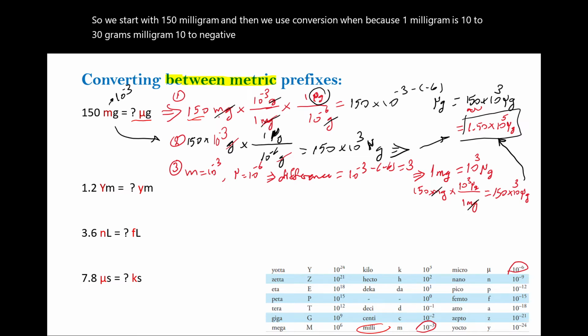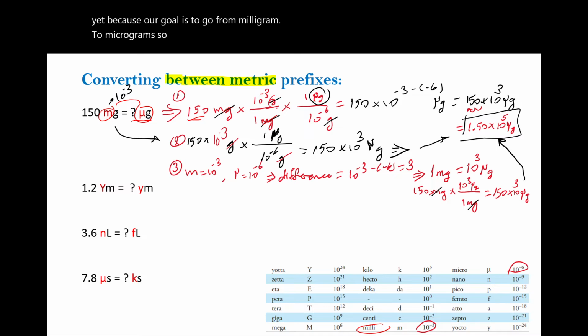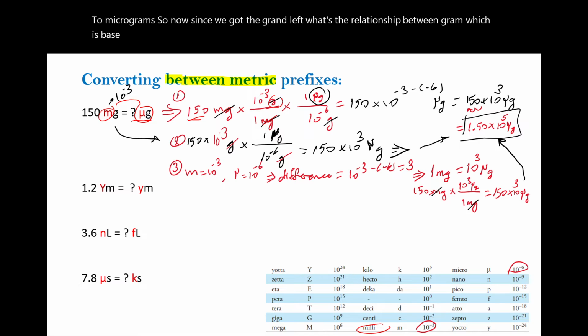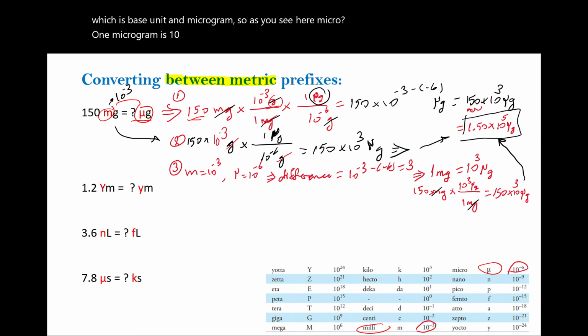So these milligrams will cancel out, and we're not done yet because our goal is to go from milligram to microgram. Since we have gram left, what's the relationship between gram, which is the base unit, and microgram? 1 microgram is 10 to negative 6 gram, so those grams will cancel out.